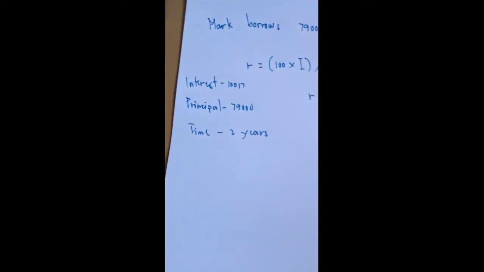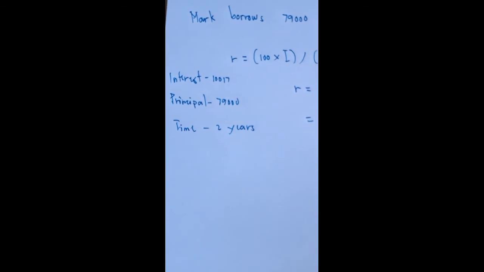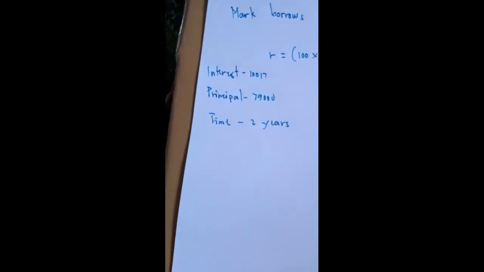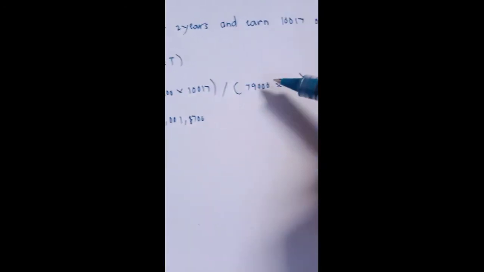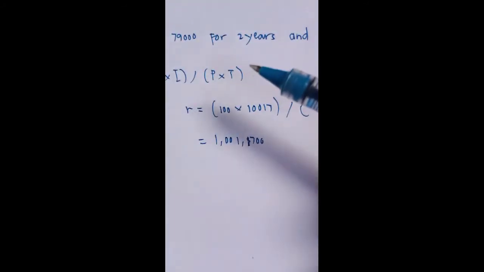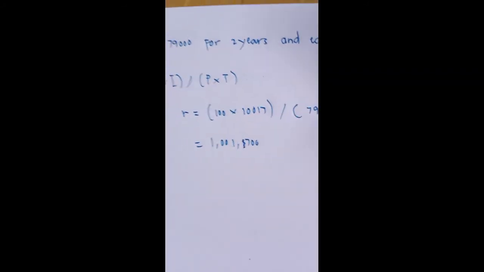So the interest will be 10,017, the principal will be 79,000, and the time is 2 years. So let's substitute it. 100 times 10,017, that will be the interest, and 79,000 times 2, that will be the principal times time.